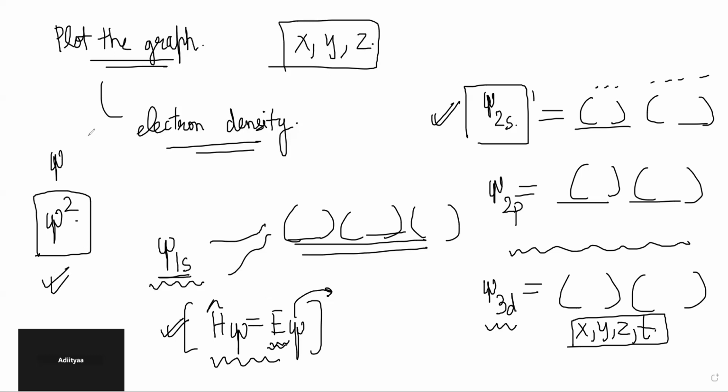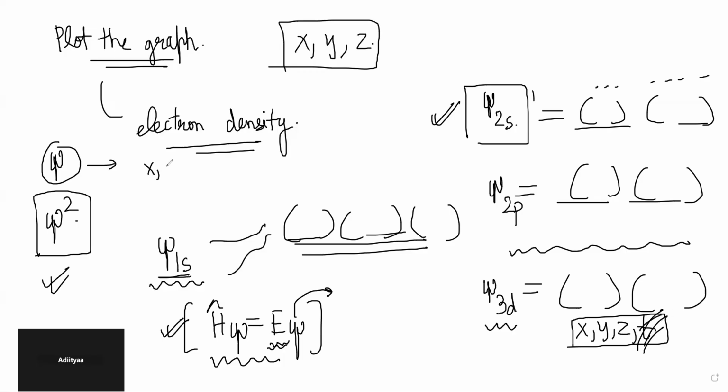Do you understand what I mean by psi? These are solutions of the Schrödinger equation. Each solution corresponds to a specific electron with a specific orbital and specific energy, right? The psi function depends on, you can ignore time for now, but it depends on 3 variables for sure.